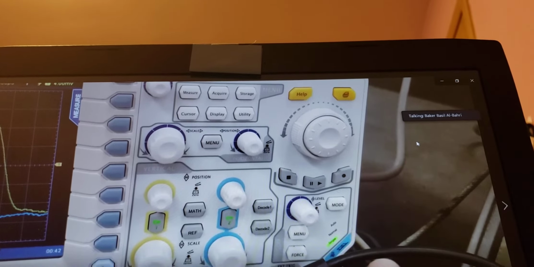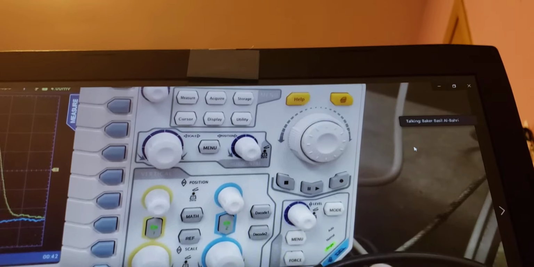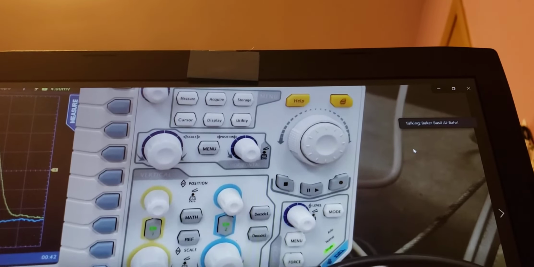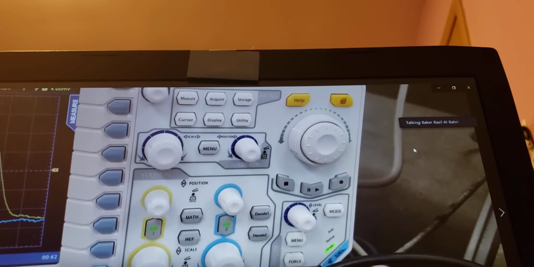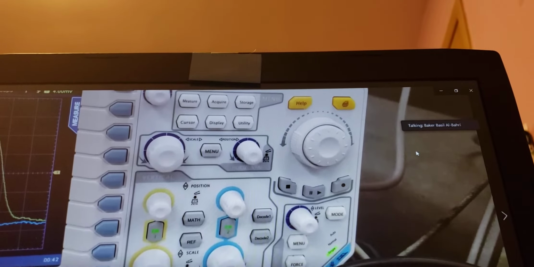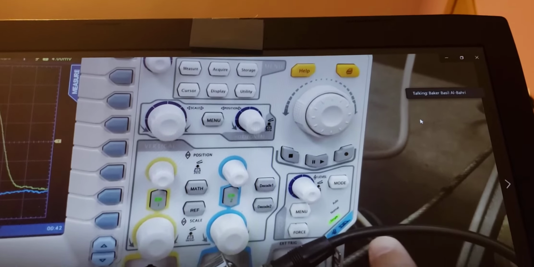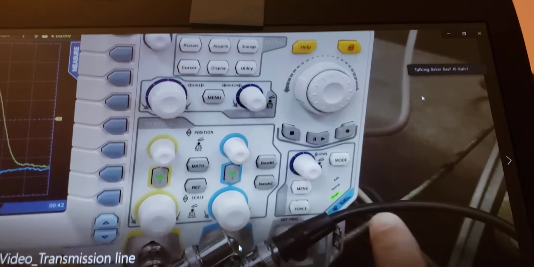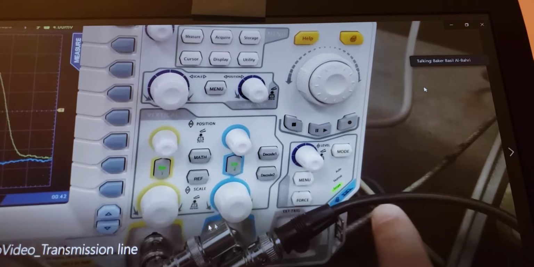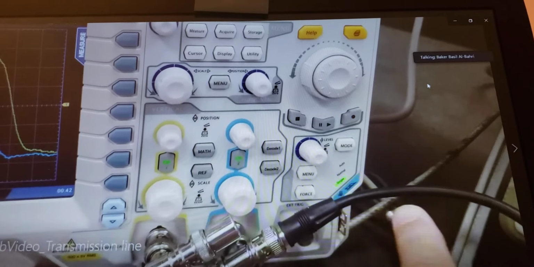It's connected to channel 2 here, and this one we take and connect to channel 1. Again, this is a T junction. This is the coaxial cable, which is L2 in our lab manual, and this is the load, which is the 50 ohm characteristic impedance of the cable.